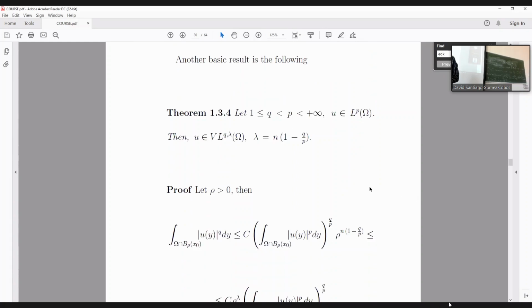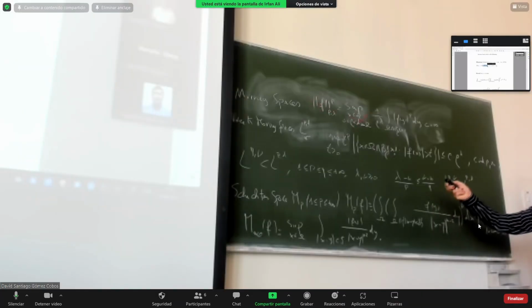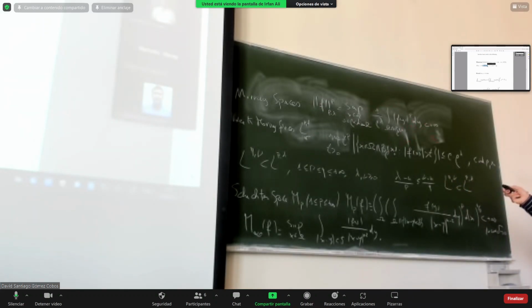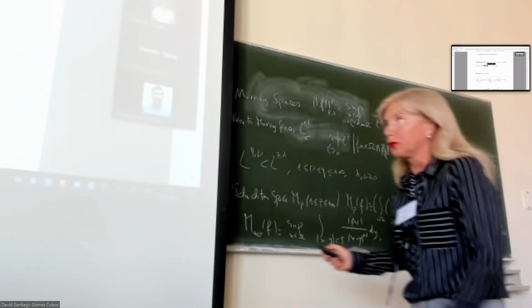Let us now recall what we consider as the vanishing Morrey space VLP lambda. I have not written it here because it is quite easy to remember. This is the space LP lambda. The vanishing LP lambda is the space where this quantity is not only finite but tends to 0 as the radius of the ball tends to 0.